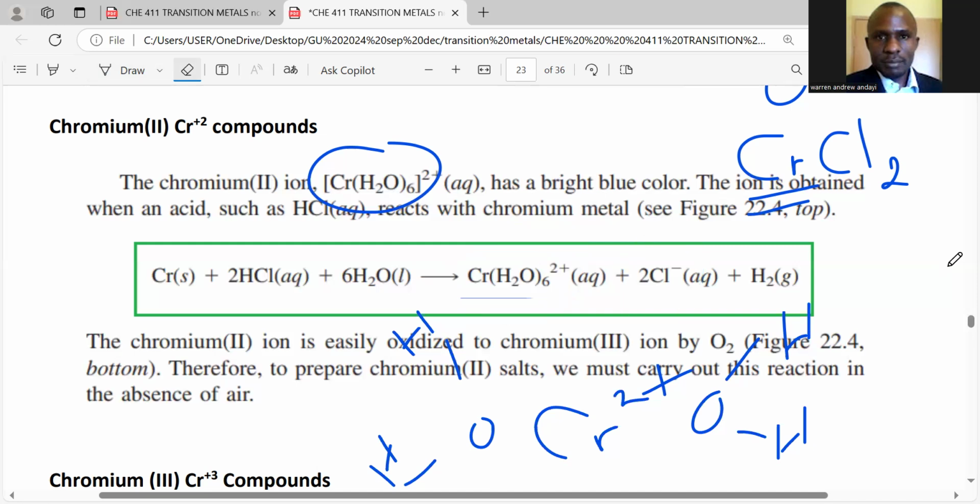In reality, it appears like this one, with 2 chloride ions outside. So this will be +2 there, okay? That's how we shall be representing it later. Then the 2 chlorines will be next to this ion to neutralize the charge.